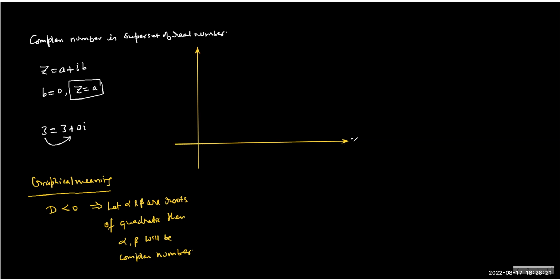So this is the x-axis, and the meaning of root is that, in the quadratic graph, which we'll learn later on, if you plot a quadratic graph, there are two types of quadratic graph. It is either like this or like this.